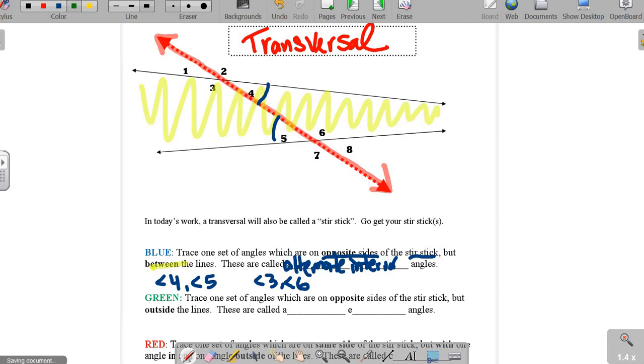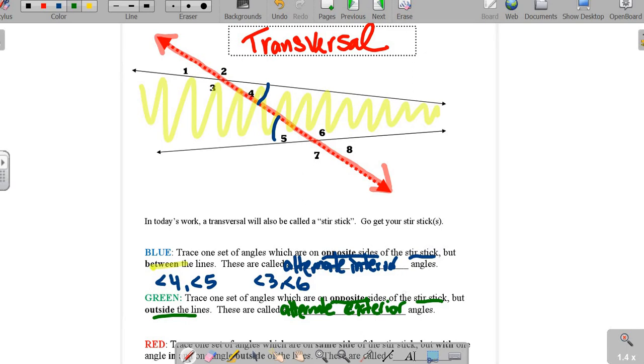Now we're going to trace a set of angles which are on opposite sides of the stir stick, also known as the transversal, but outside the lines. These are called alternate exterior angles.